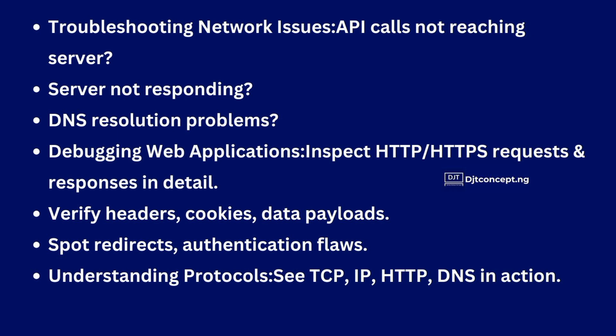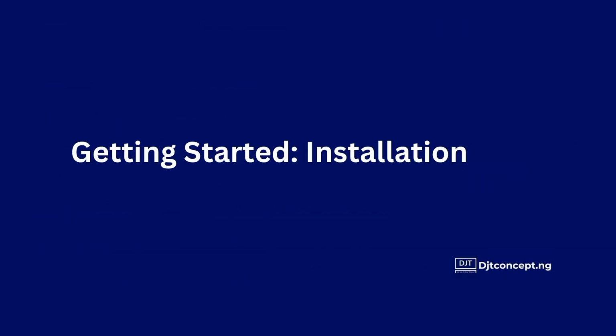Maybe you want to even see the request and response in detail. You want to spot and redirect authentication issues and all of those kinds of things. Wireshark is important. But in the sense of cybersecurity, understanding TCP/IP is very important because you understand how Wireshark really works in the first place.